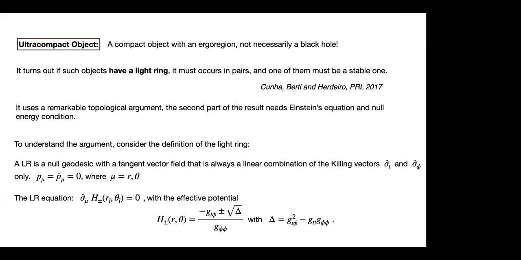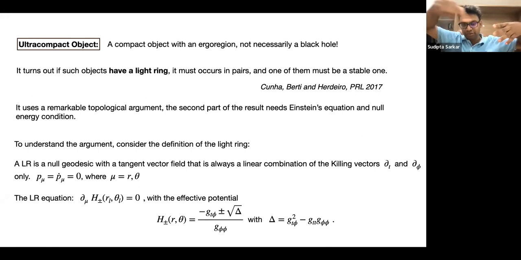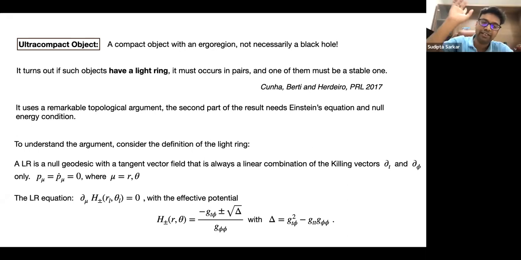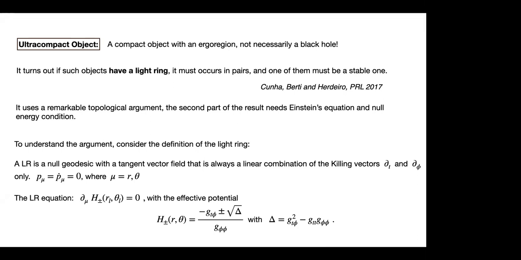Because spatially it will be closed, since spatial orbits are the orbits of del phi, which is closed. And of course, in time, it will be evolving. So in the spacetime diagram, it will be a spiral, evolving in the direction of time. It's a spatially closed orbit.